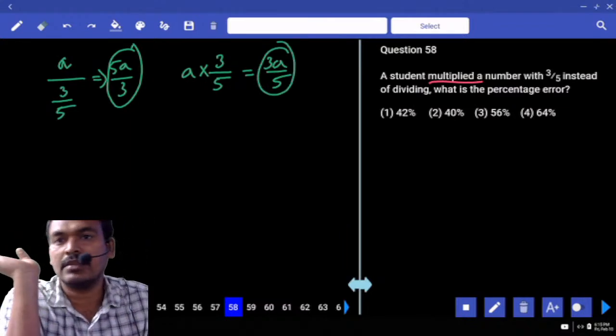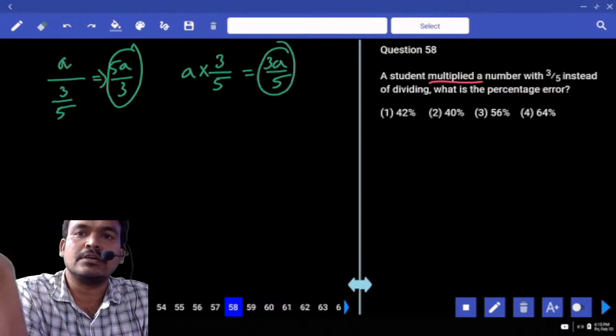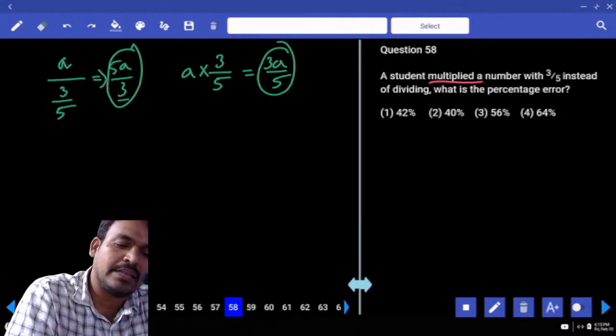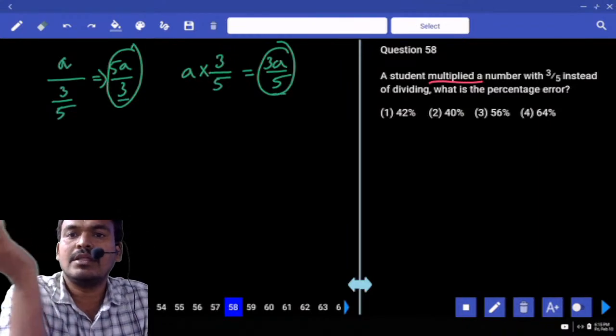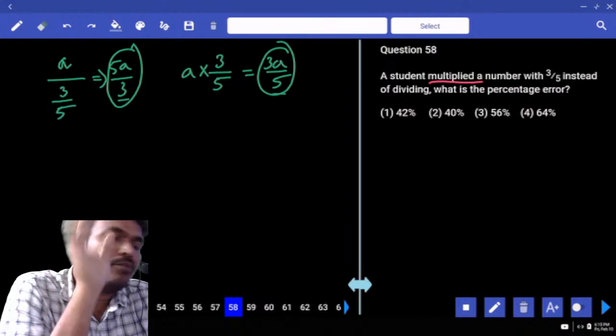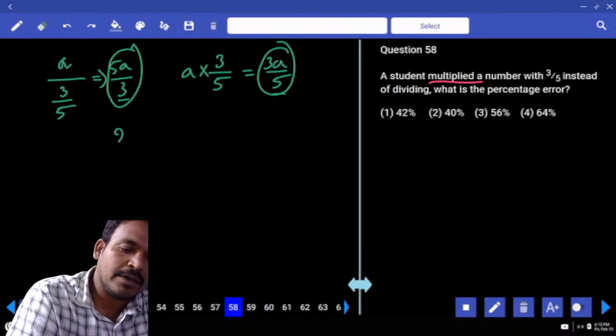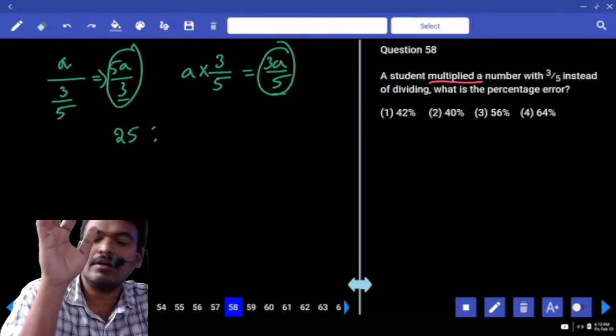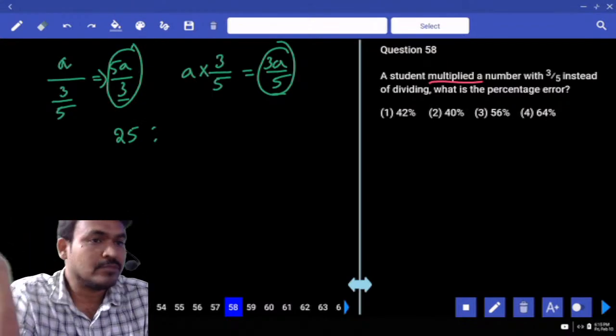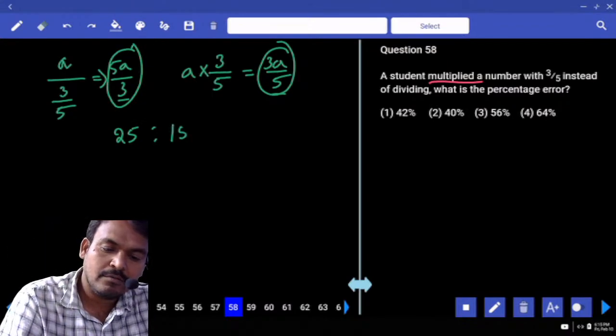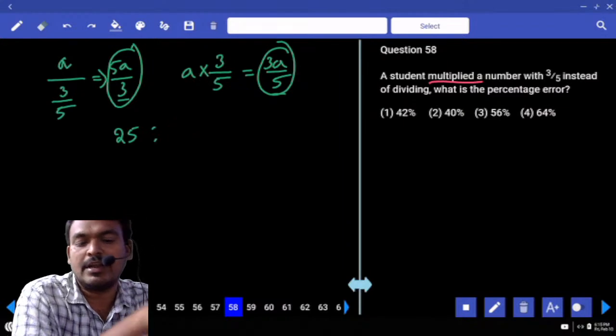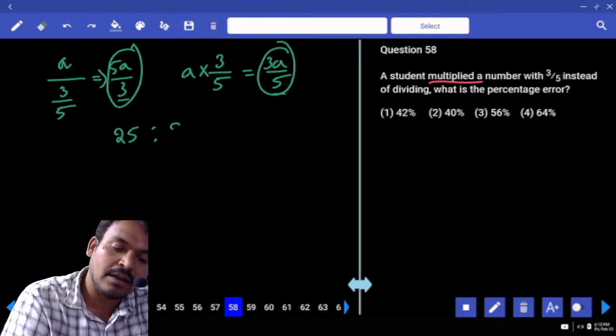Both are in fractions, so just convert them to integers. Take the LCM of 3 comma 5, which is 15. 3 times 5 is 15, and 5 times 5 is 25. 5 times 3 is 15, and 3 times 3 is 9.